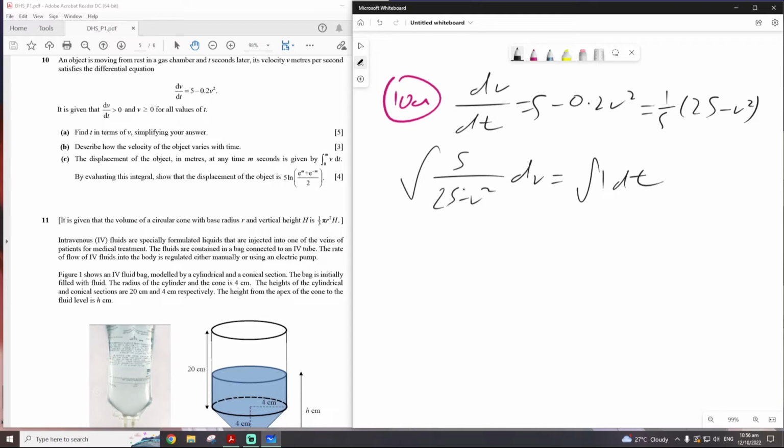So you will get, well, you can use partial fractions or you can use the MF26 formula. You will get half ln of mod 5 plus v divided by 5 minus v equals to t plus c.